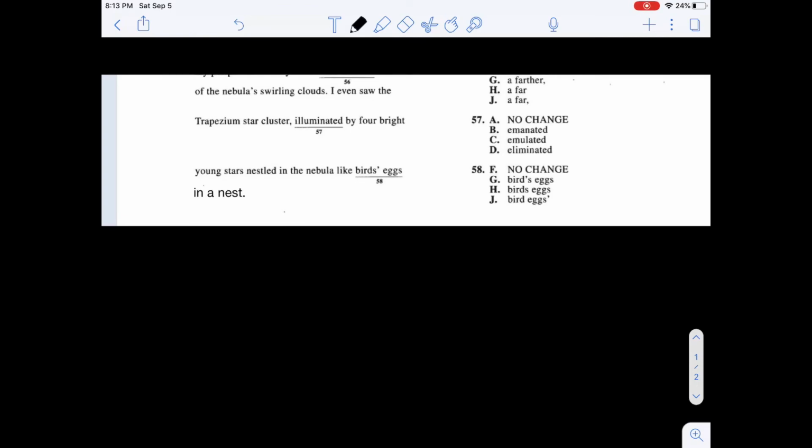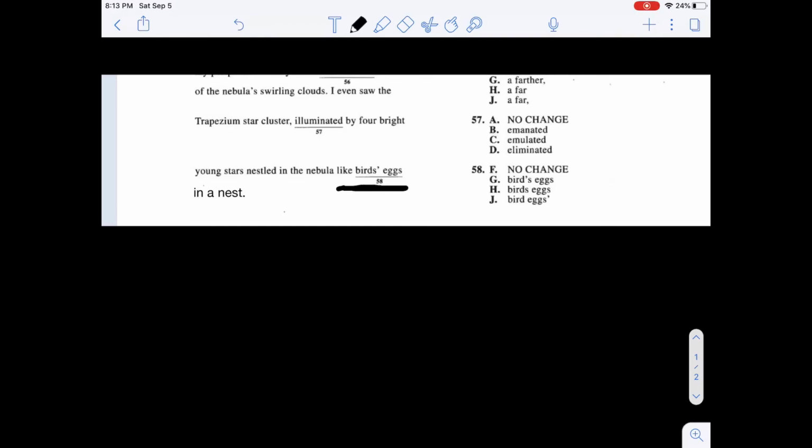Ready, set, pause. Cool. So what I tried to do when I was figuring this one out was weigh all of the answer options and do a process of elimination. The one that sticks out to me the most is J. It has an apostrophe with eggs, indicating that there's some form of possession happening with the eggs, versus F, G, and H, which are just saying eggs in the sense that you have more than one egg. So what's happening in our phrase right here?